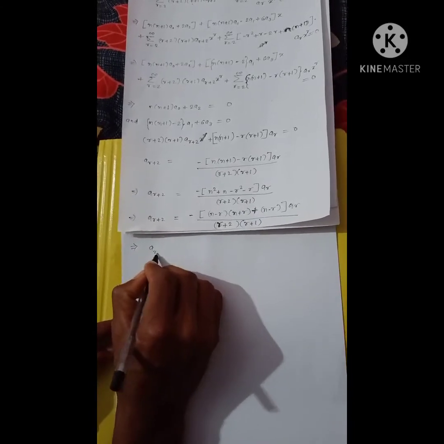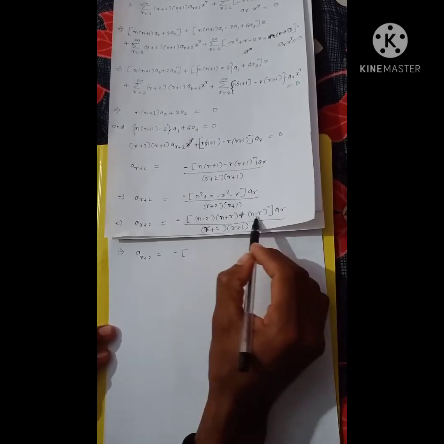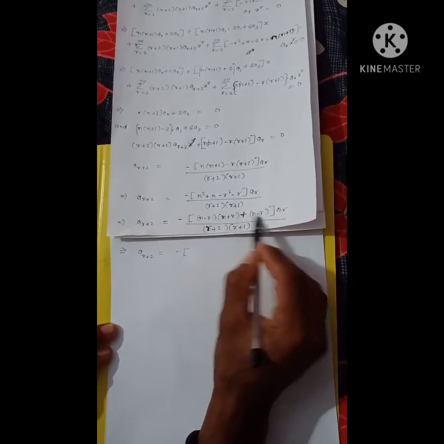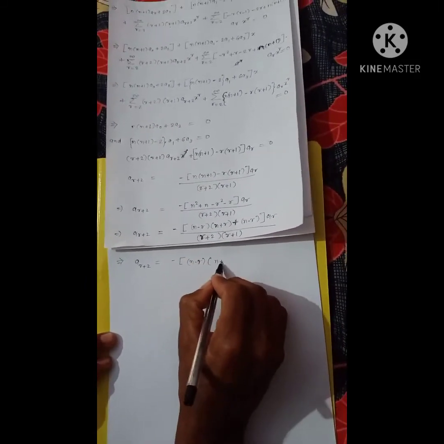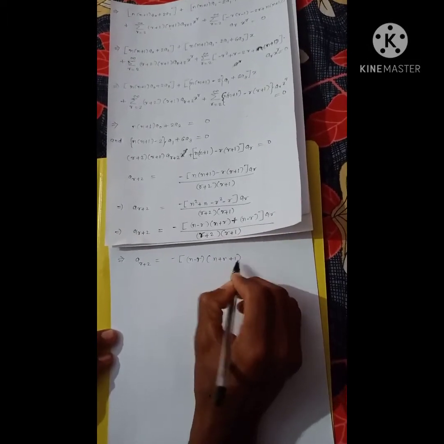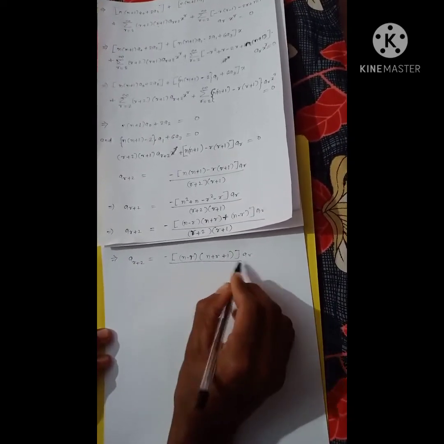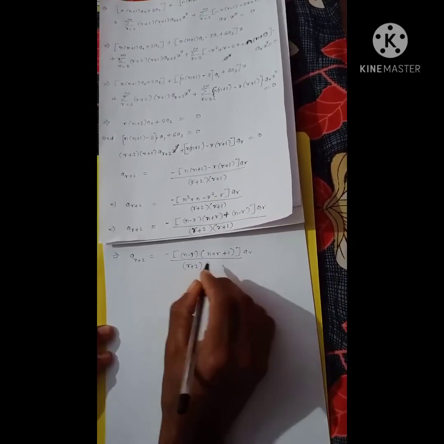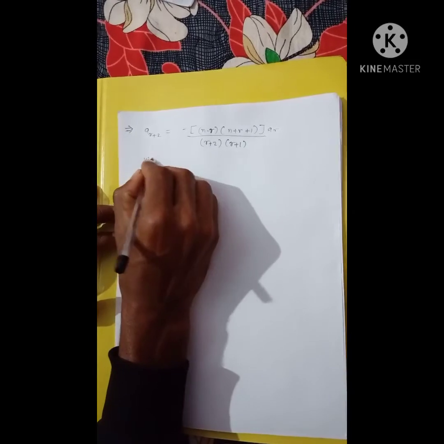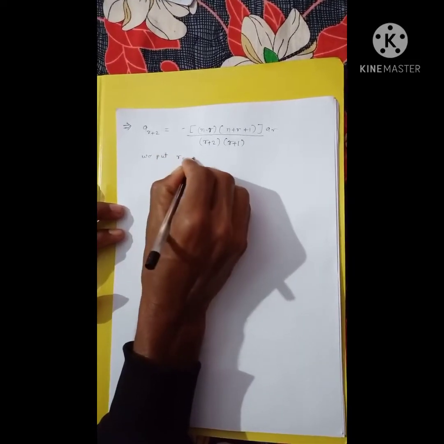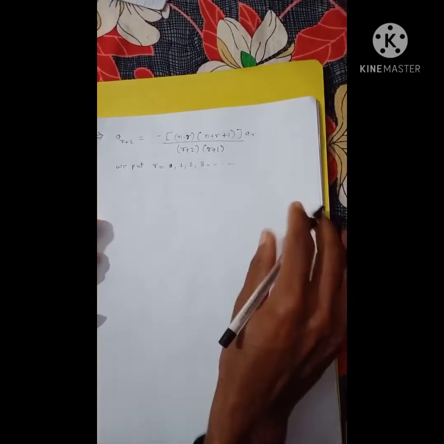Now a r plus 2 is equal to minus n minus r, as n minus r is common in both terms, so n minus r into n plus r plus 1 into ar upon r plus 2 into r plus 1. Now we put r equal to 0, 1, 2, 3 and so on to infinity.